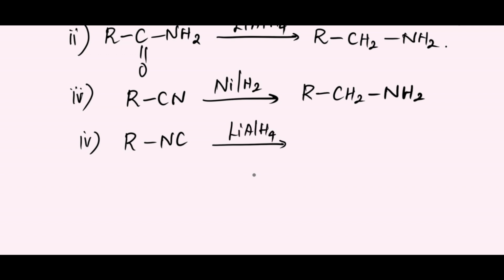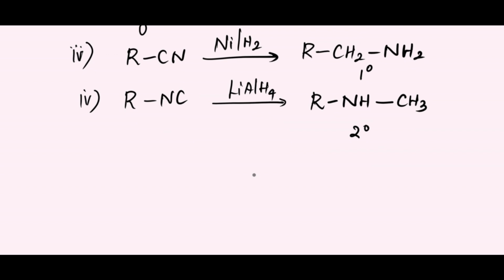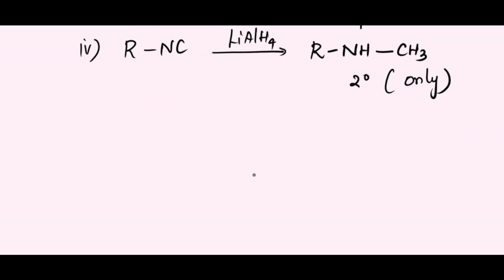Then lithium aluminum hydride is giving us the same, NHCH3, which becomes secondary amine, and this is primary amine. With cyanide, this is giving primary amine, with NC, that is giving secondary amines. So this is for only secondary amines because nitrogen is in the middle position.